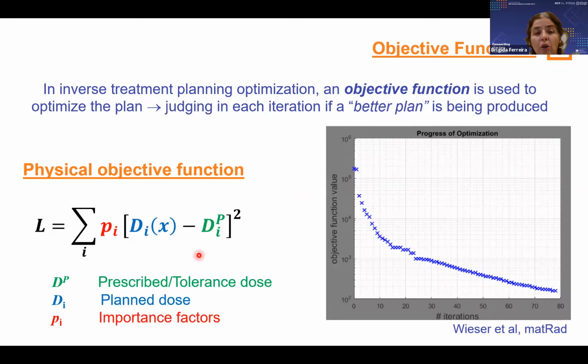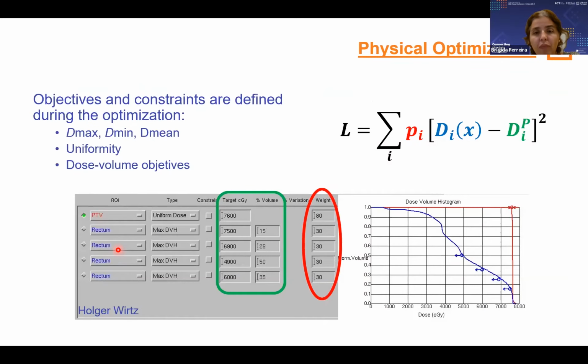To each objective that you define, you also have associated an importance factor that gives you a weight of how important that objective is. So in the clinical routine, how does this work? For example, we have here that we want to irradiate the target volume with a uniform dose of 76 gray.